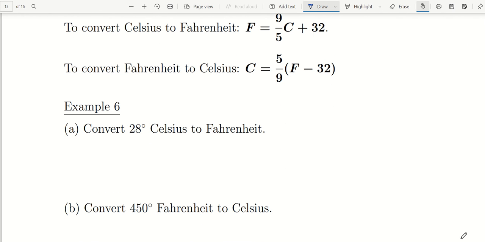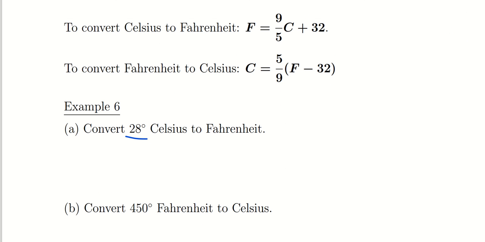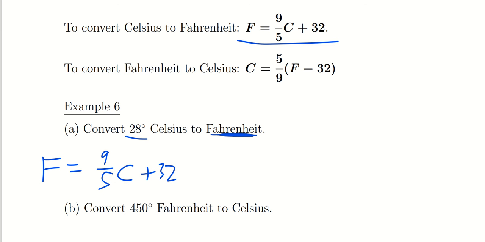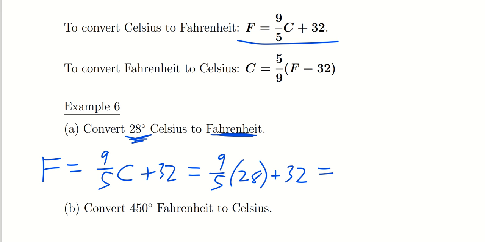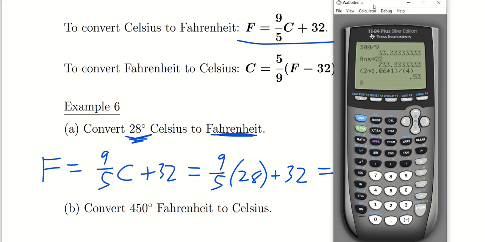For example, if we want to convert 28C to Fahrenheit, we want to find Fahrenheit, so we need an equation for Fahrenheit. It's F equals 9/5 times C plus 32. So everywhere I see the Celsius temperature, I can put 28. And now let's go ahead and enter it into the calculator.